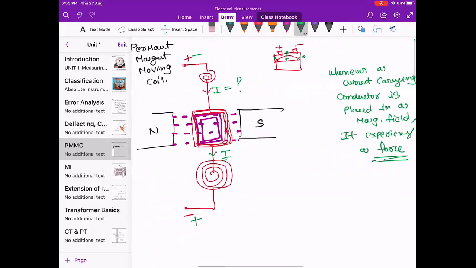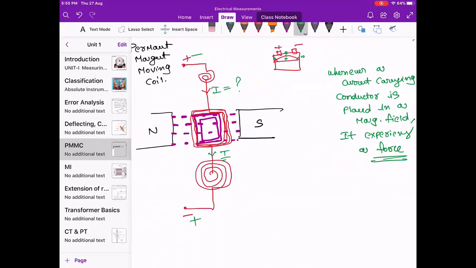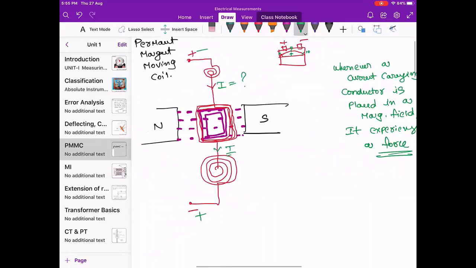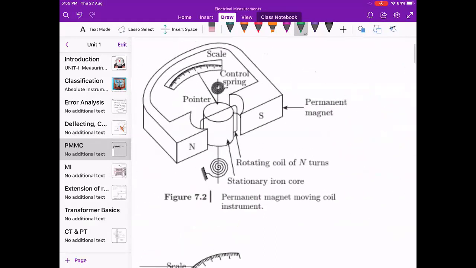As it experiences a force, you can see from this diagram that this is the aluminum former, and correspondingly this is the spindle. For the spindle a pointer is attached. This is the initial position, this is another position, this is the final position.